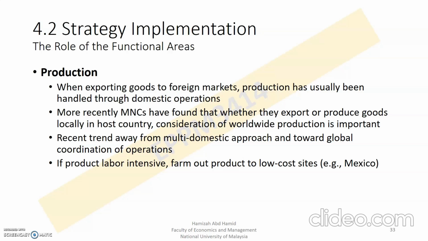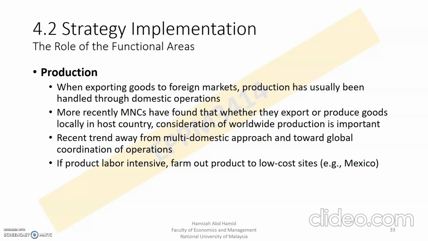But if the product is labor intensive, it is likely that multinational companies farm out production to low-cost sites. You can see major international fashion brands, H&M, Zara, what else? M&G maybe.